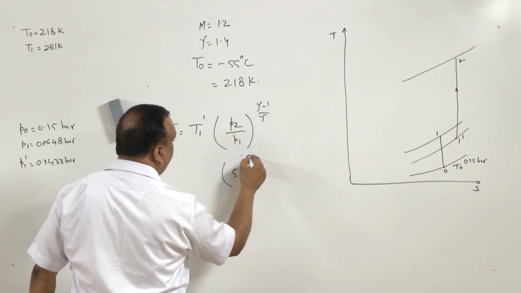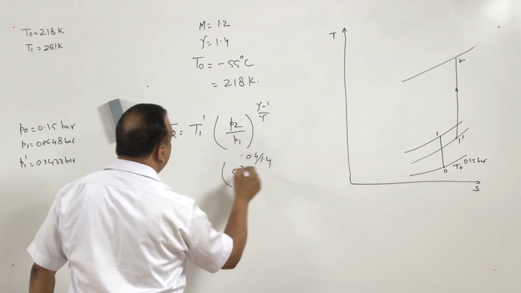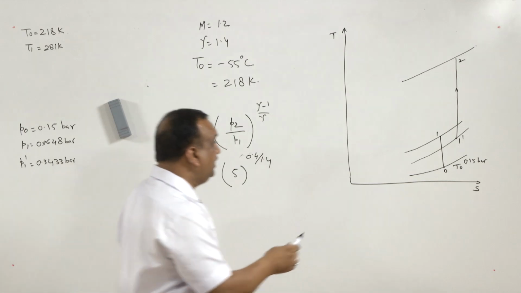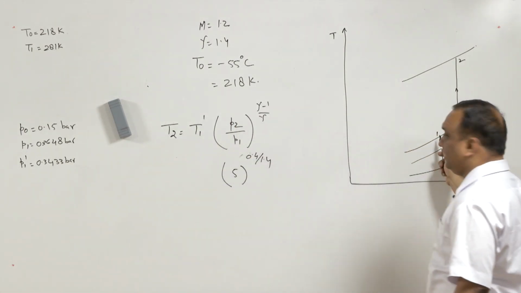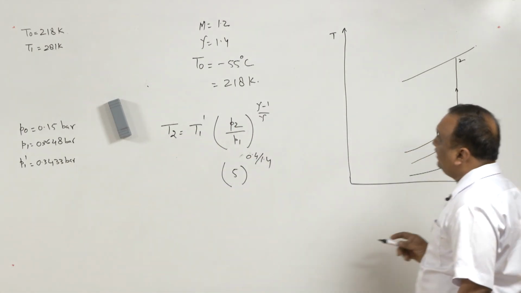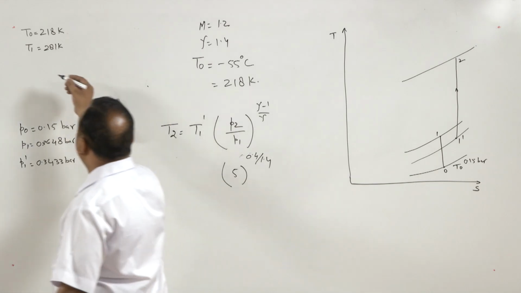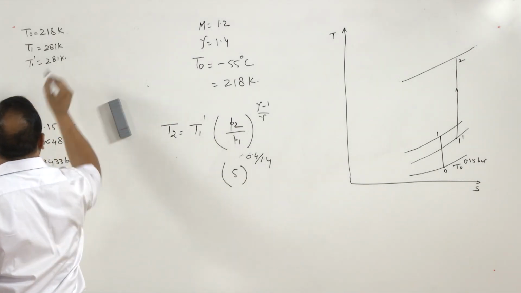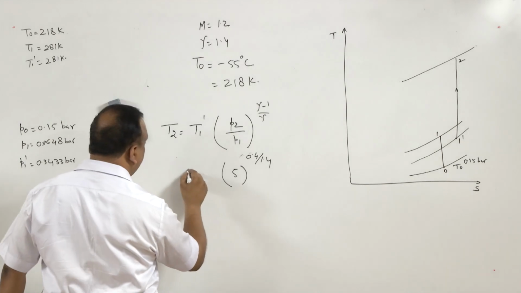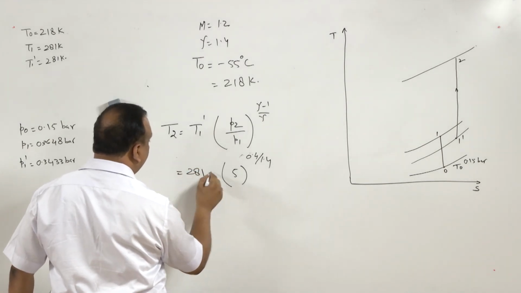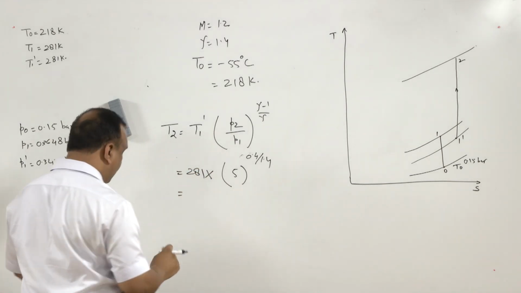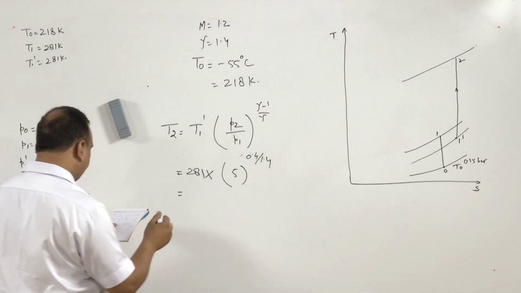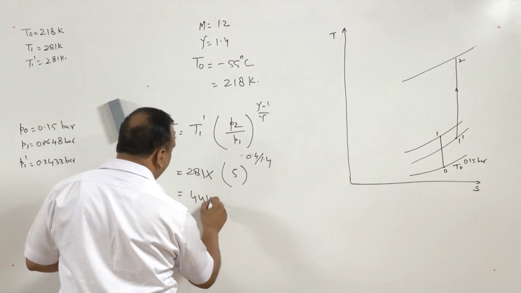Gamma minus 1 is 0.4, divided by 1.4. Now, T1 dash and T1 are the same. So, T1 dash can always be taken as 281 Kelvin. So, 281 Kelvin multiplied by this factor, and we get the value of T2 as 444 Kelvin.